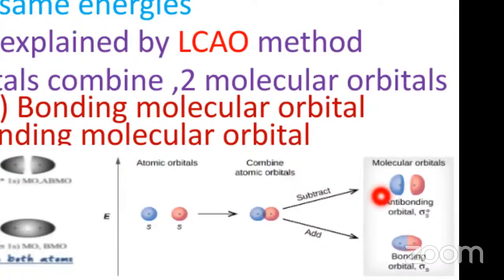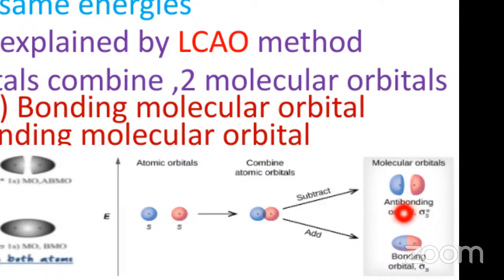What are the bonding and anti-bonding molecular orbitals? The molecular orbitals which are formed by additive effect or constructive interference of the atomic orbitals are called bonding molecular orbitals.